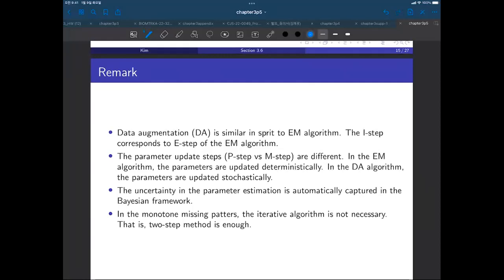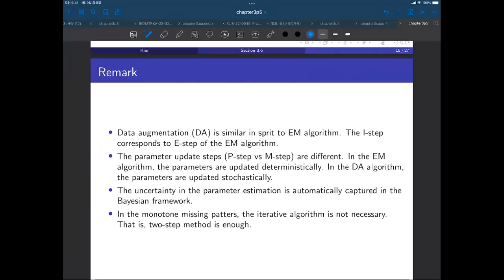However, you cannot really check the convergence of data augmentation because you are generating samples from a distribution, so you can never use epsilon to check. Checking convergence is much more difficult in data augmentation.